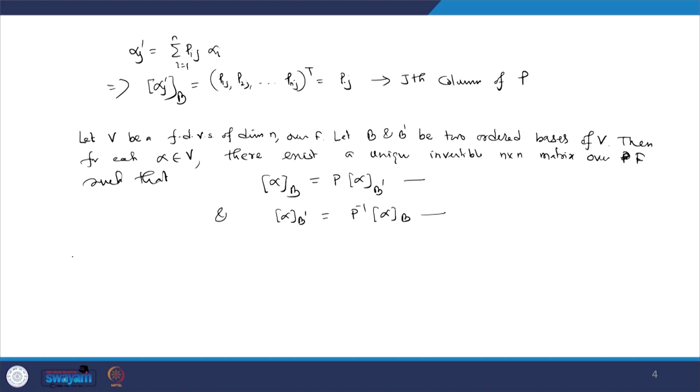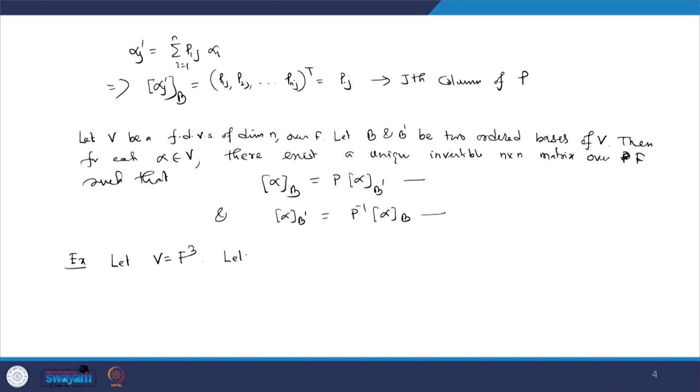So, let me take an example first. Let V equal F^3, the space of 3-tuples over the field capital F. For the sake of simplicity, I can take F equal to the real numbers.